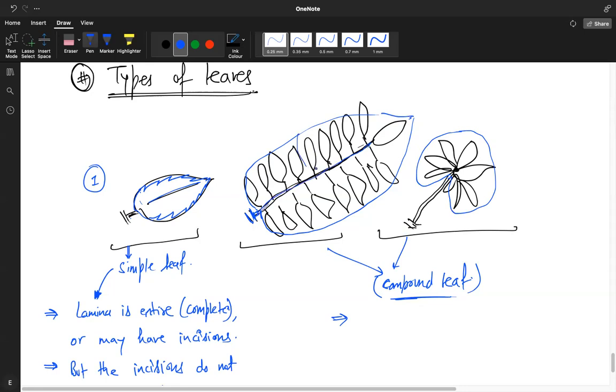And these leaves are at the periphery. So they are leaflets. We don't call them leaf, in a compound leaf we call them leaflets.